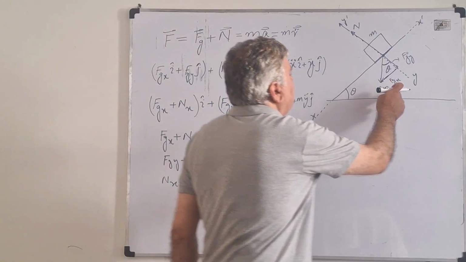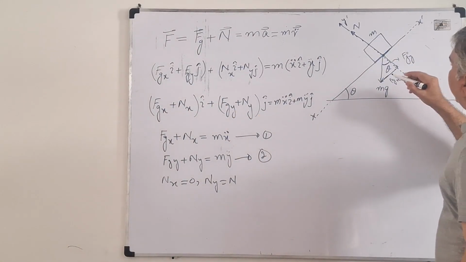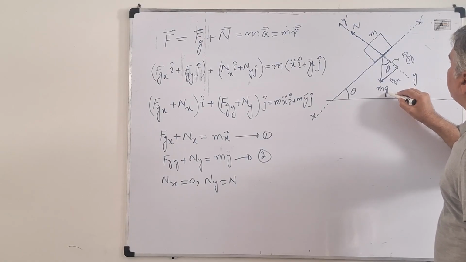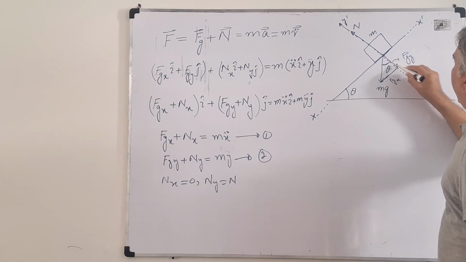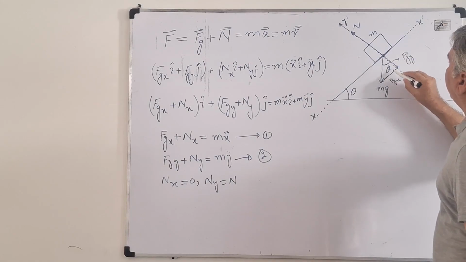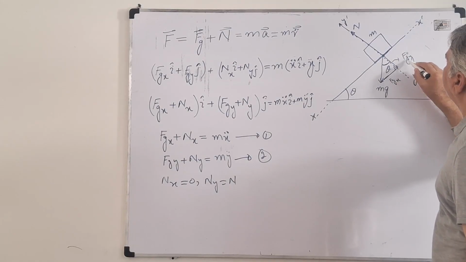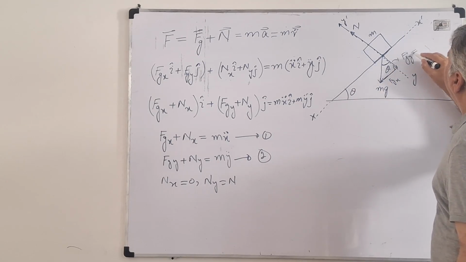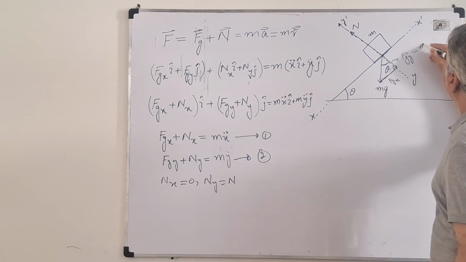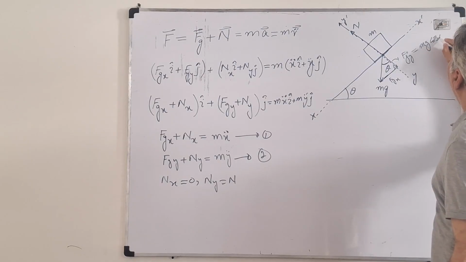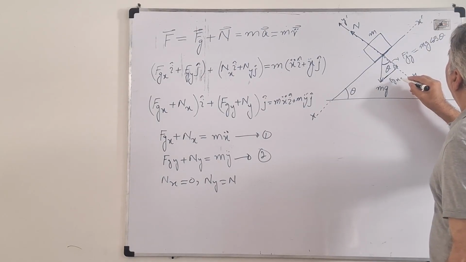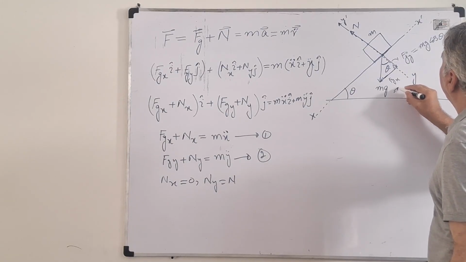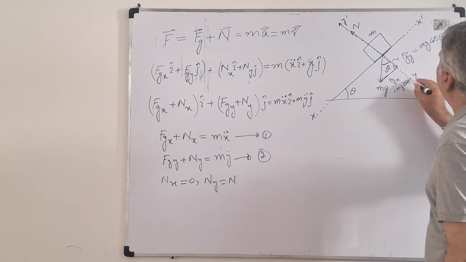And from here, now this is a right angle triangle with hypotenuse equal to mg, and this is the base because we have the angle at that side in here as 90 degrees. So Fgy from this right angle triangle is in fact equal to mg cos theta, and this thing is equal to mg sine theta.